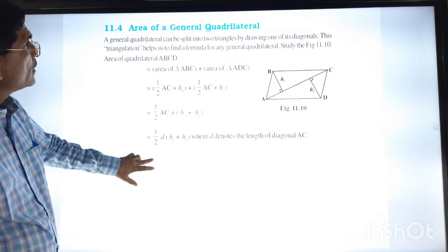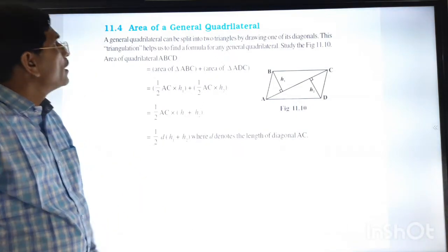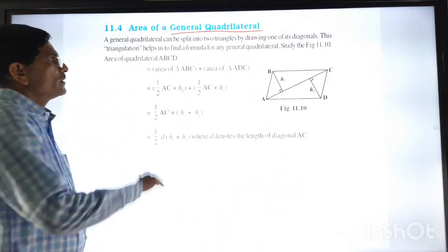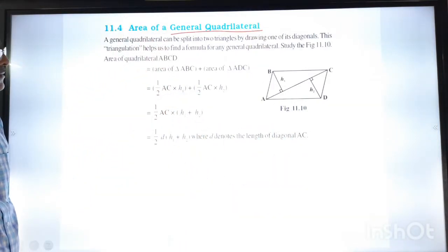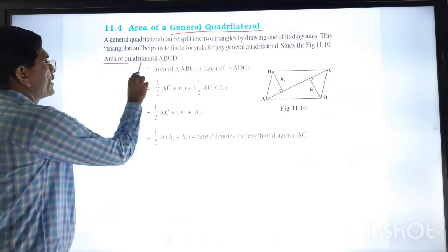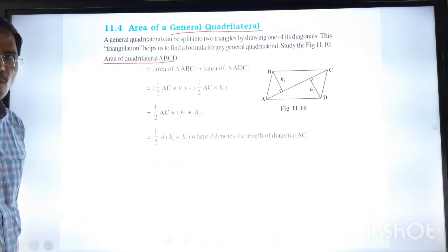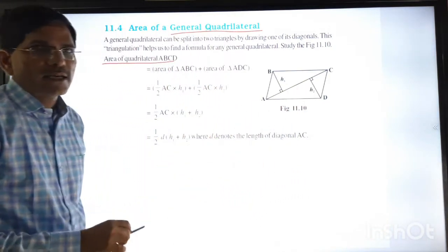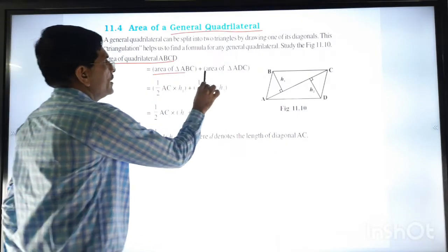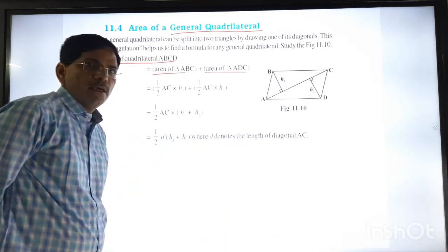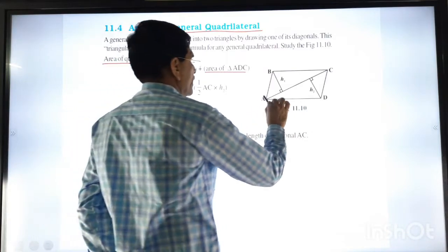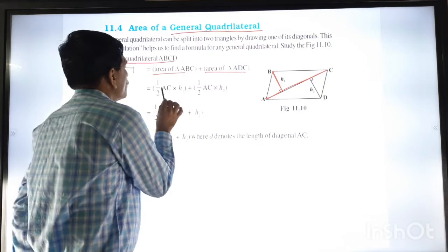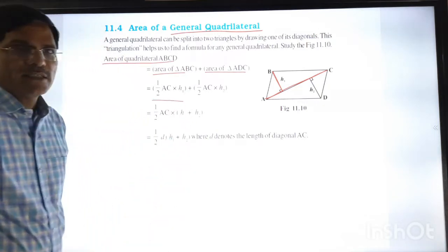Area related to general quadrilaterals. So here the area of quadrilateral ABCD is given. If you look at the quadrilateral, how many triangles are there? Two triangles, area of ABC and area of ADC. Each is a triangle with base and height, so the formula is half into base into height.